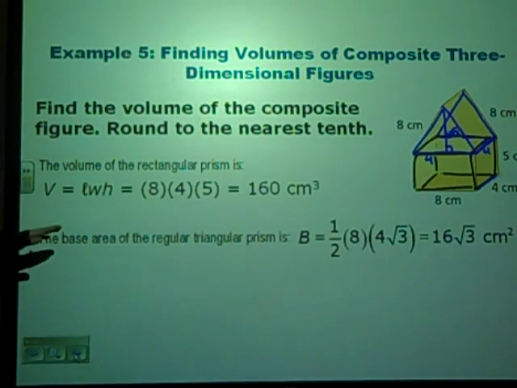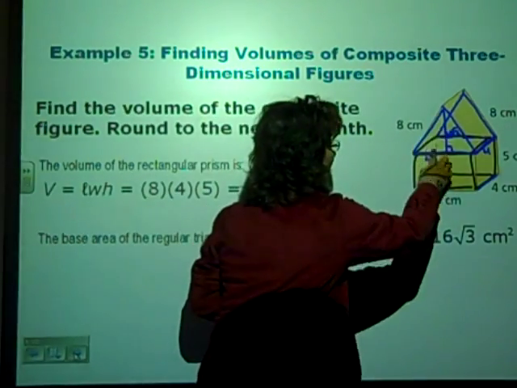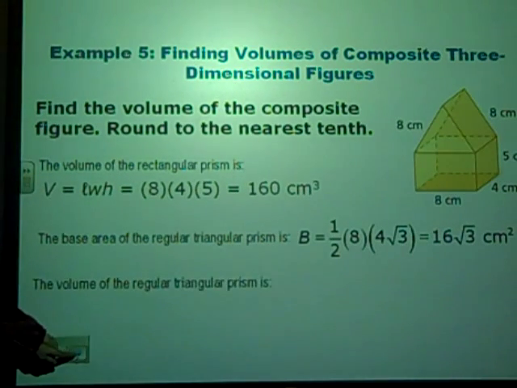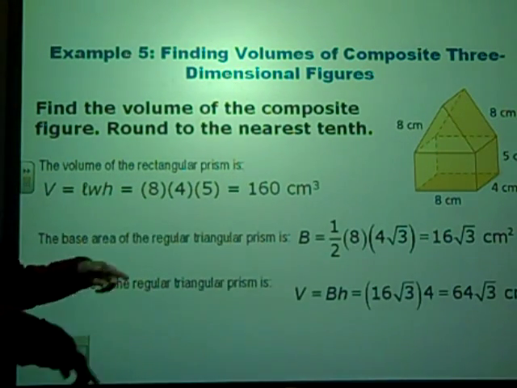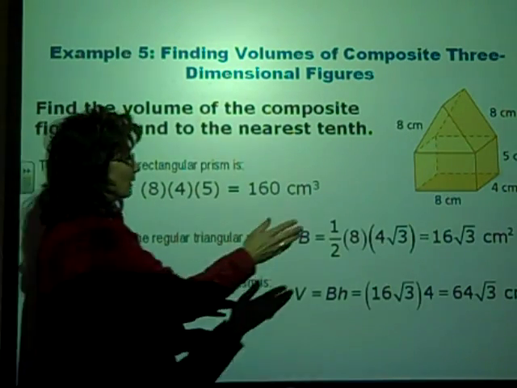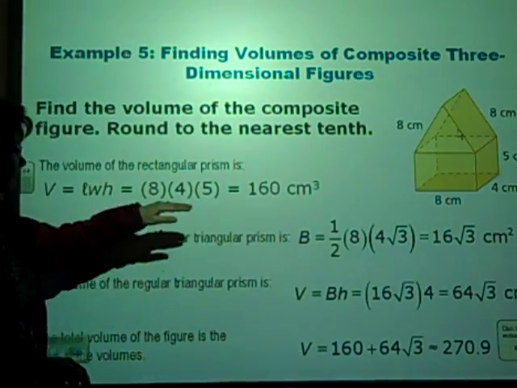But remember that's not the volume. That's the area of this base. Now I'm going to multiply that by the height of 4, and I end up with 64 square root of 3. So this volume, 64 square root of 3 cubic centimeters.